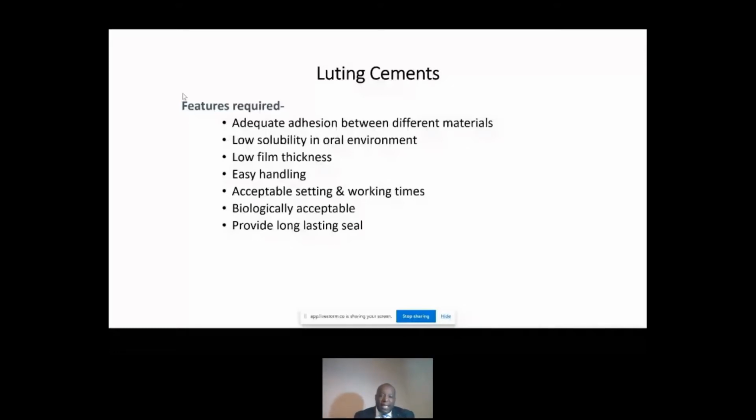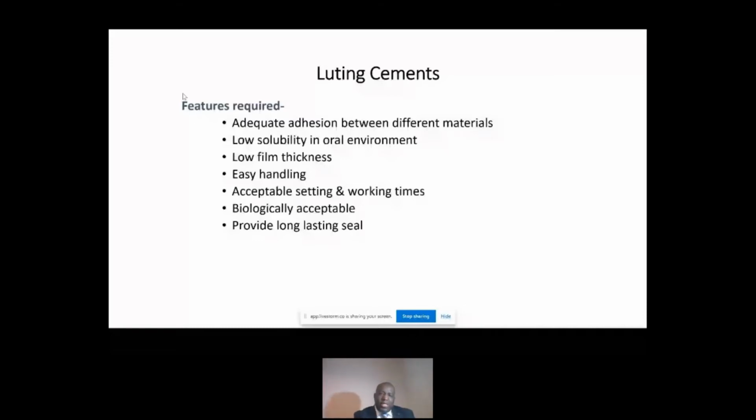It shouldn't irritate the tissues. And it also must provide a lasting seal and also achieve adequate adhesion. So this is the wish list of luting cements. But unfortunately, no current dental cement is excellent in all of these areas.